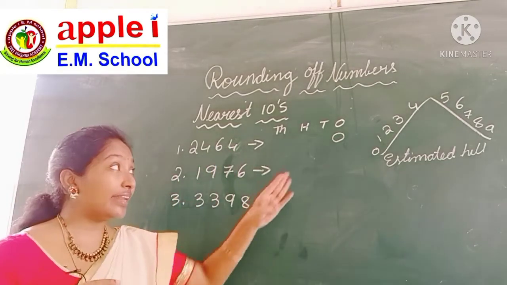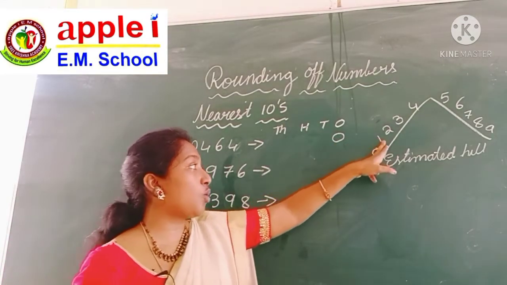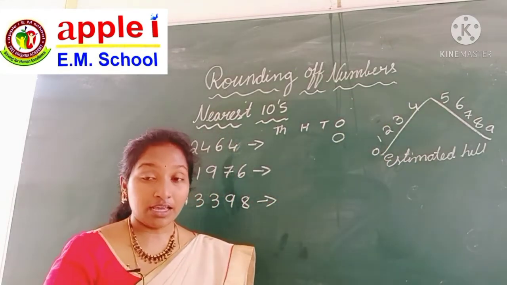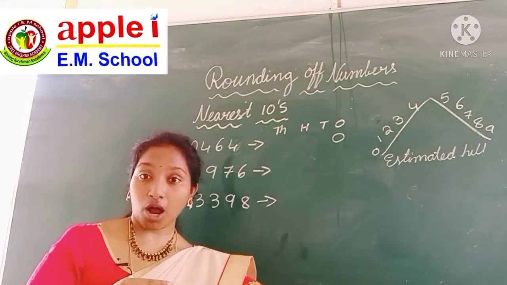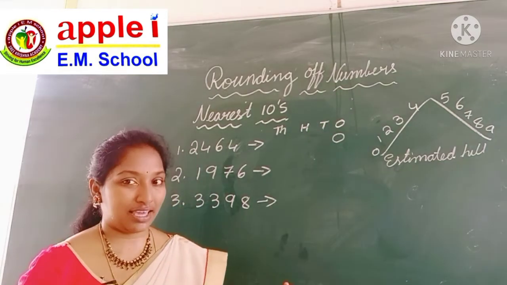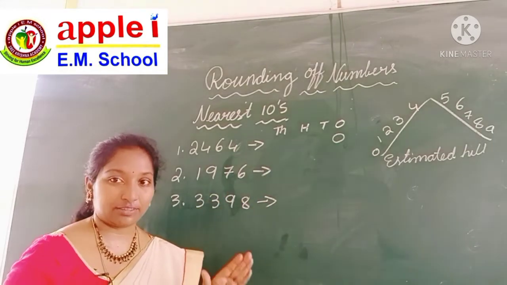So let us see the estimated hill. Where is 4? 0, 1, 2, 3, 4. Will the ball go to the other side of the mountain or come back to the same place? Yes, it will come back to the same place.